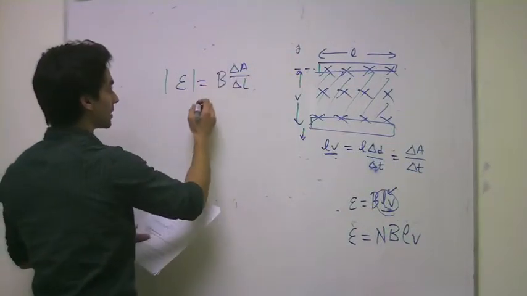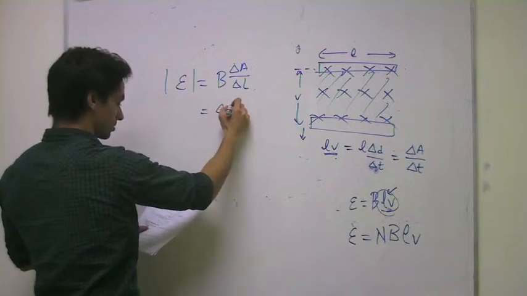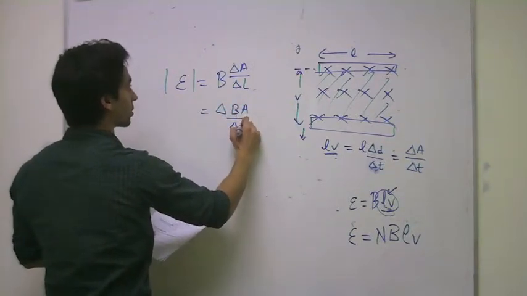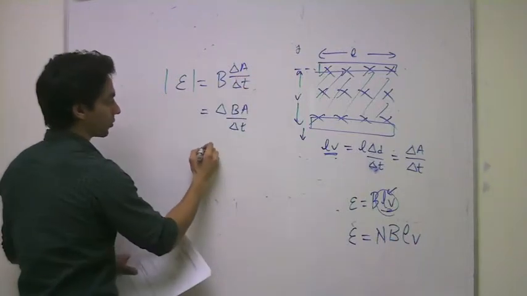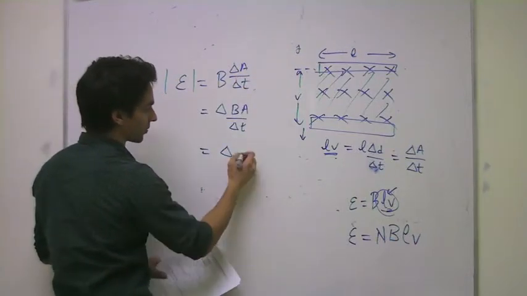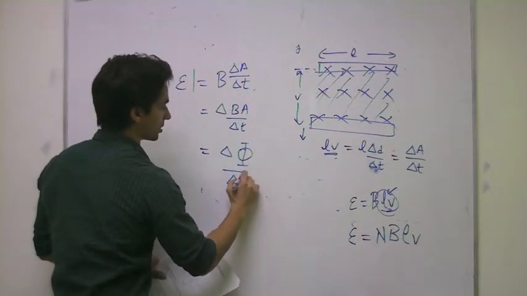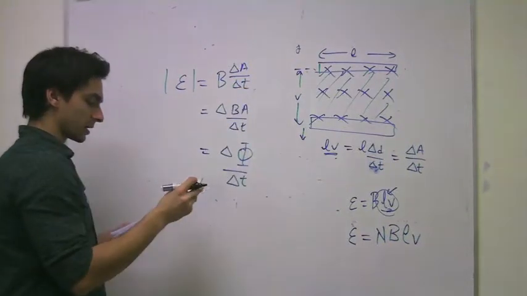Okay, B times delta A can also be written as change in BA over change in t. Okay, sorry, this is t. So therefore, this is the change in flux over the change in time. So this is for a single coil.